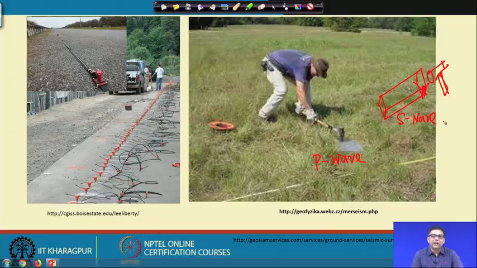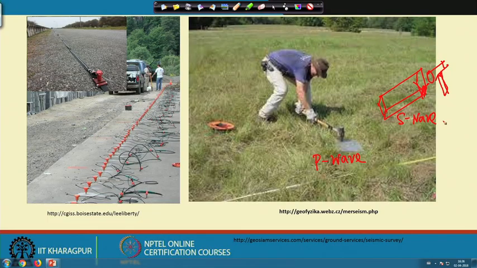What are we measuring actually? We are basically measuring the velocity of this wave, either P wave or S wave, and the thickness of the soil layer. First, let me discuss how we can measure these wave velocities and the thickness.